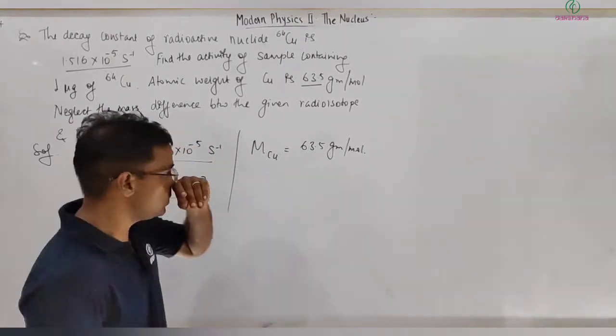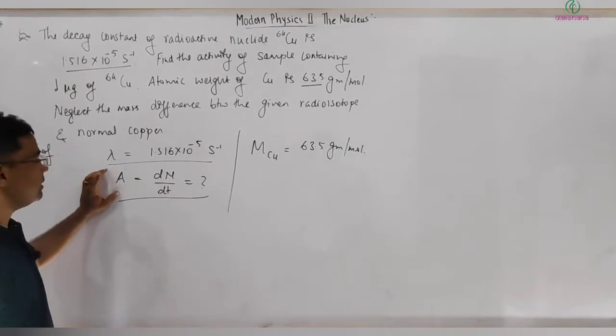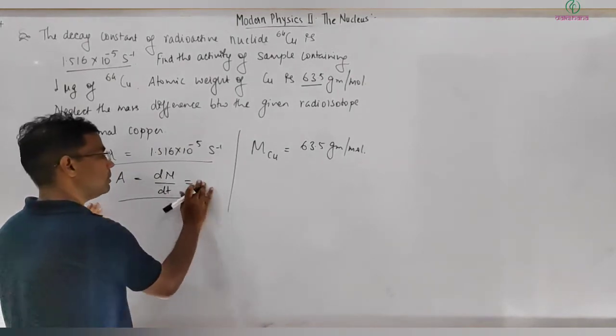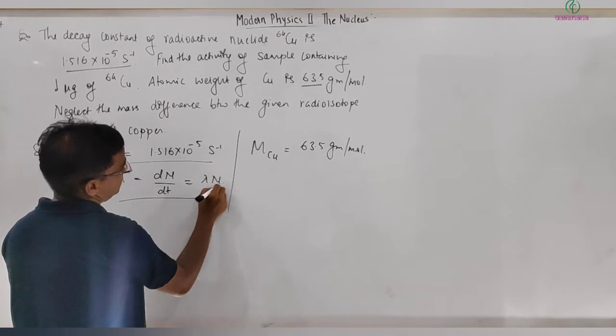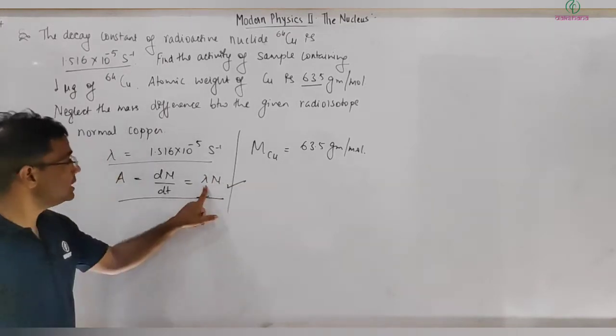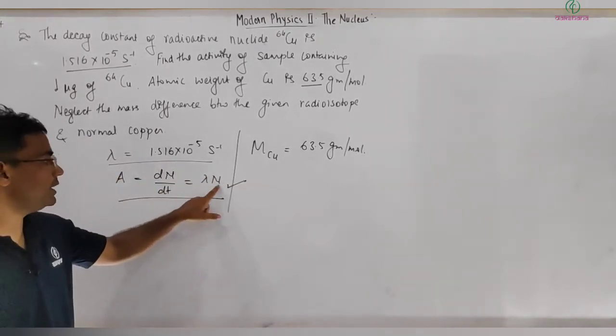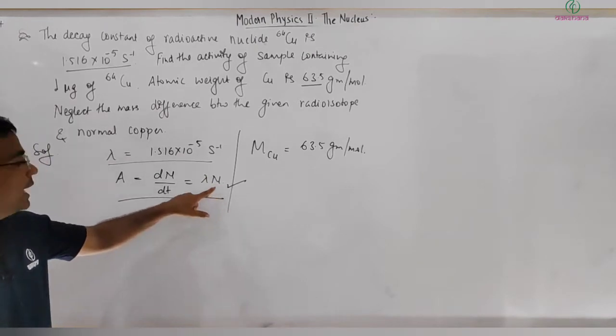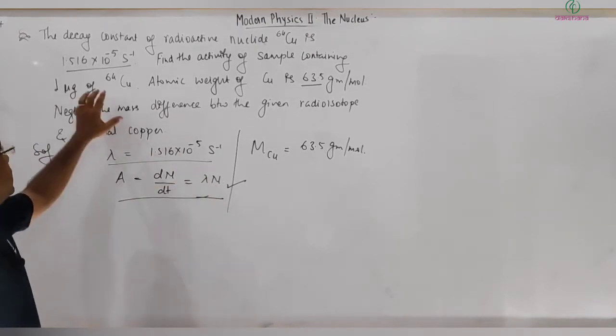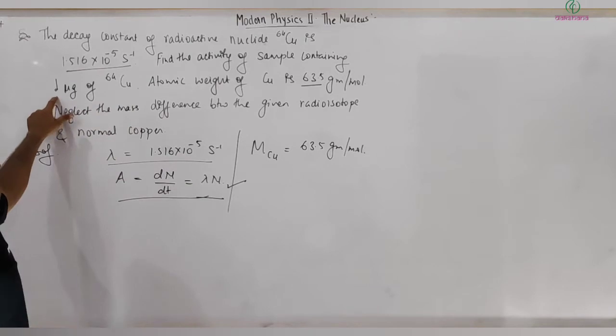Right? So now the objective is to find this, and we know the formula, it's equal to lambda times N. Lambda we are directly given, so now we need N. And what is N? N means the number of radioactive nuclei of copper present in the sample.